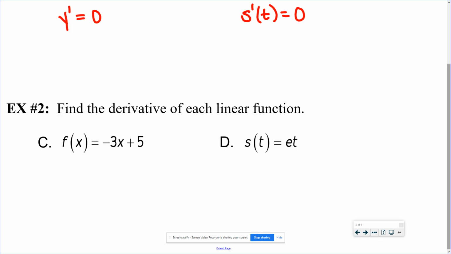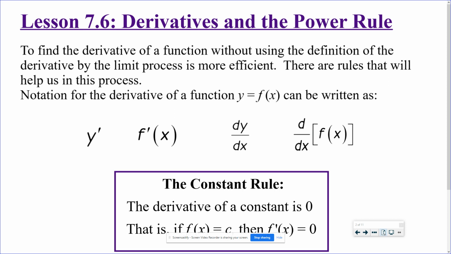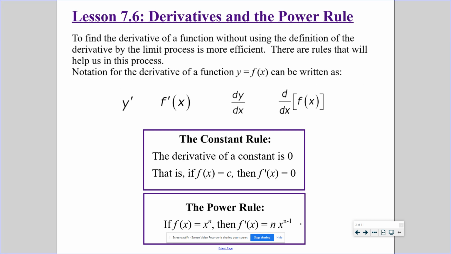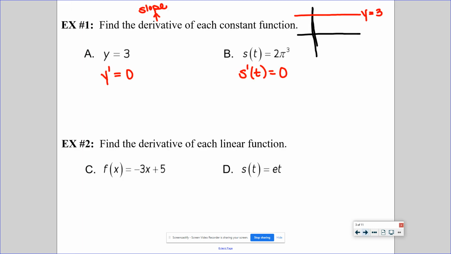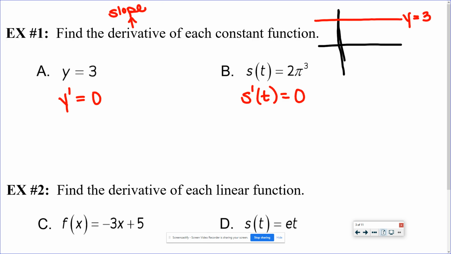Okay, the shortcut, also known as the power rule. The shortcut for taking a derivative is that we're going to take the exponent, bring the exponent to the front and then subtract 1 from the power, and boom, you have a derivative.